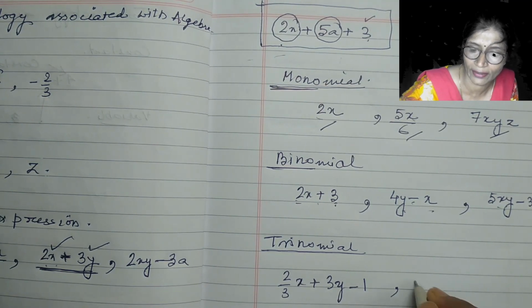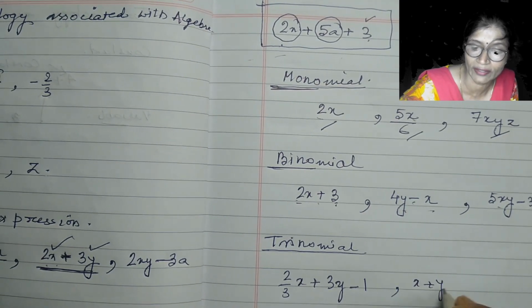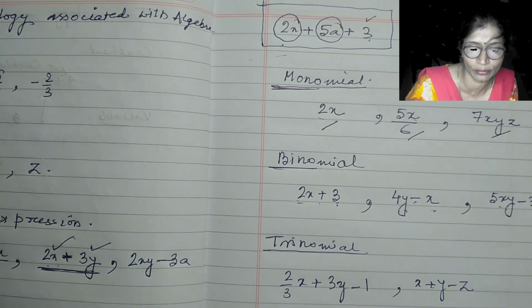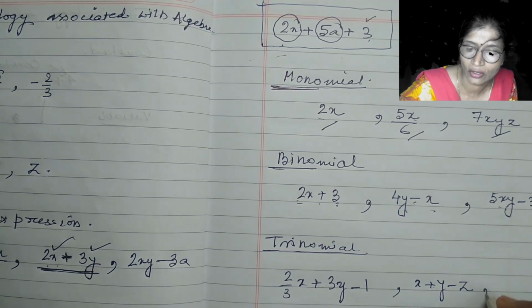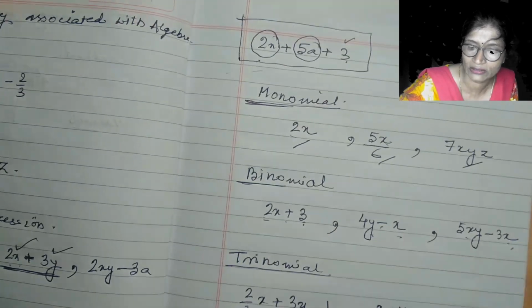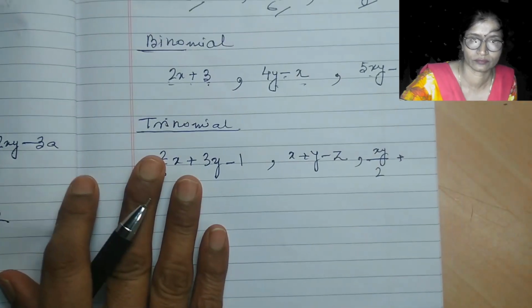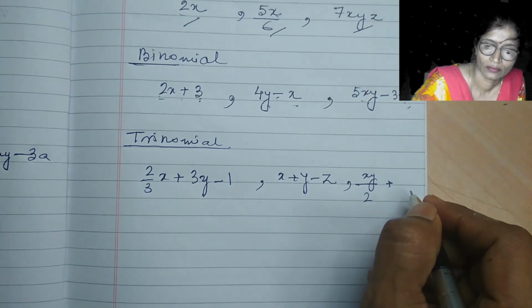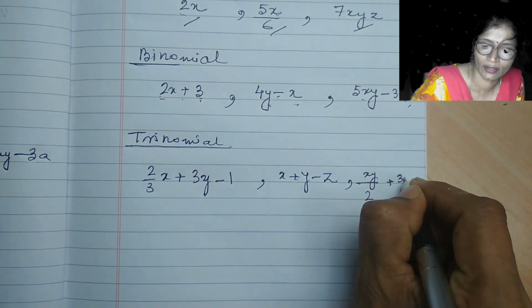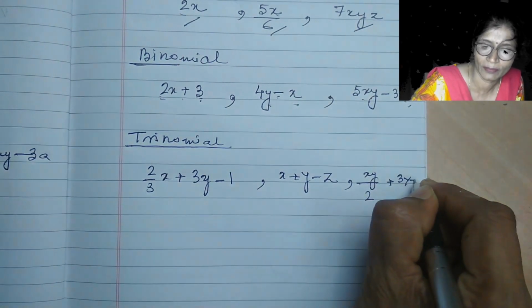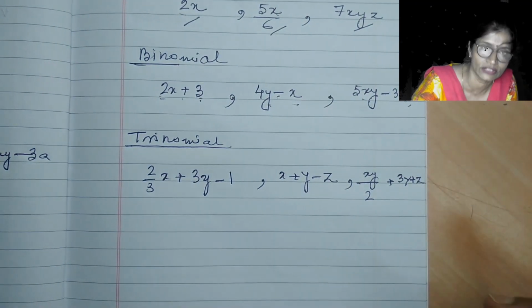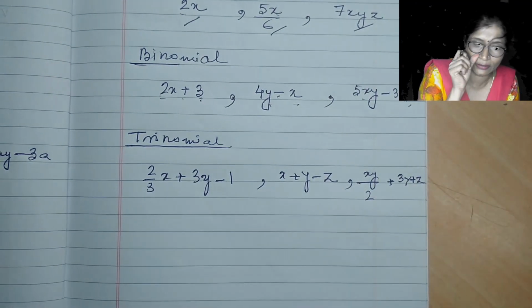Or I write x plus y minus z, that is also a trinomial because 3 terms are there. Or xy by 2 plus 3y plus z, this is also a trinomial because here 3 terms are there.